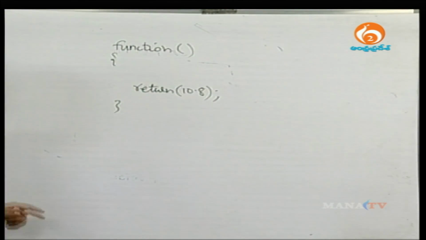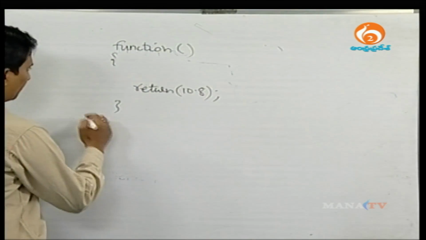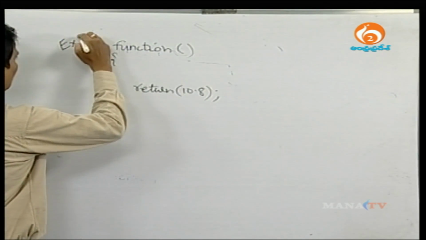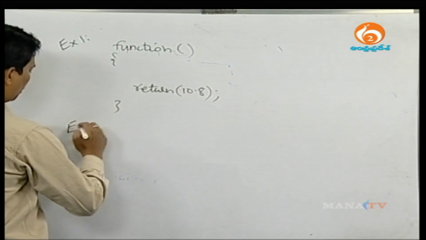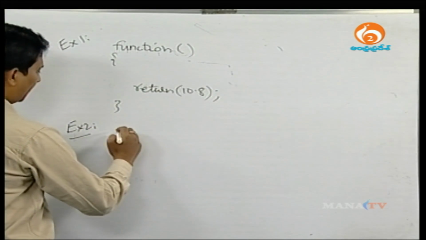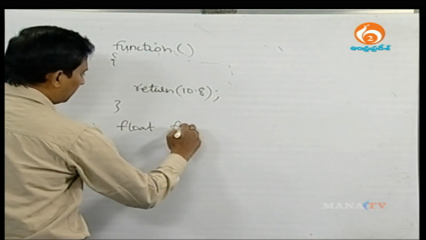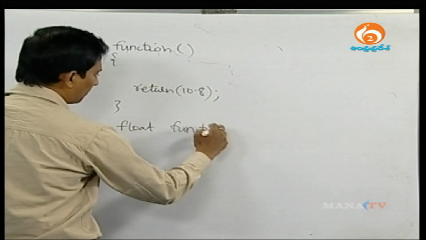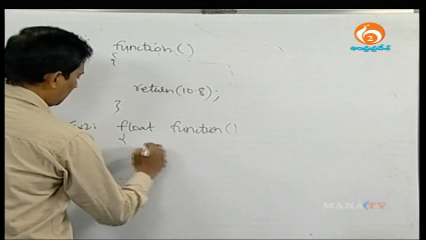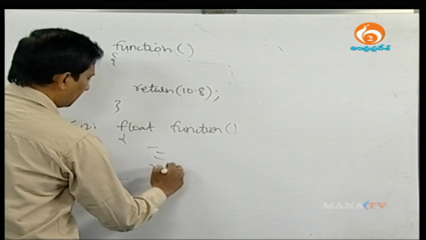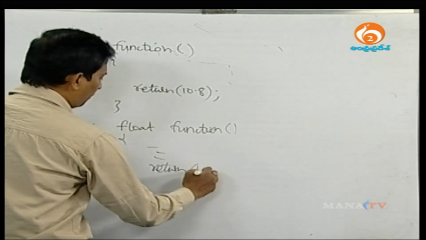Okay. Next, this is example 1, this is example 2. Next I am writing here float function, return 10.8.